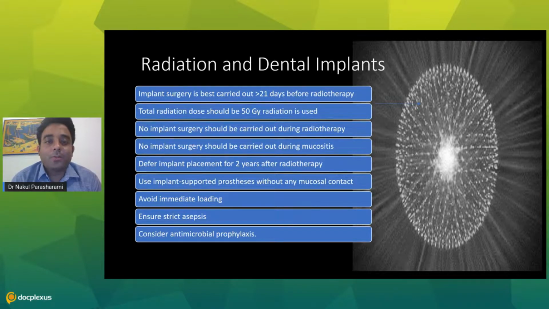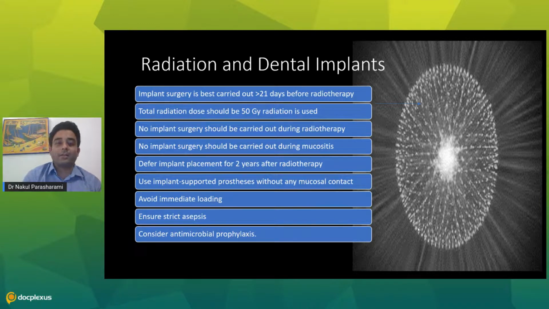Implant placement should be deferred for at least 2 years after radiotherapy. This is just to be on the safer side and prevent any kind of osteoradionecrosis. If the dental implants have been placed earlier, we can give a temporary prosthesis without any mucosal contact, so that at least the patient can start chewing and eating normal food.